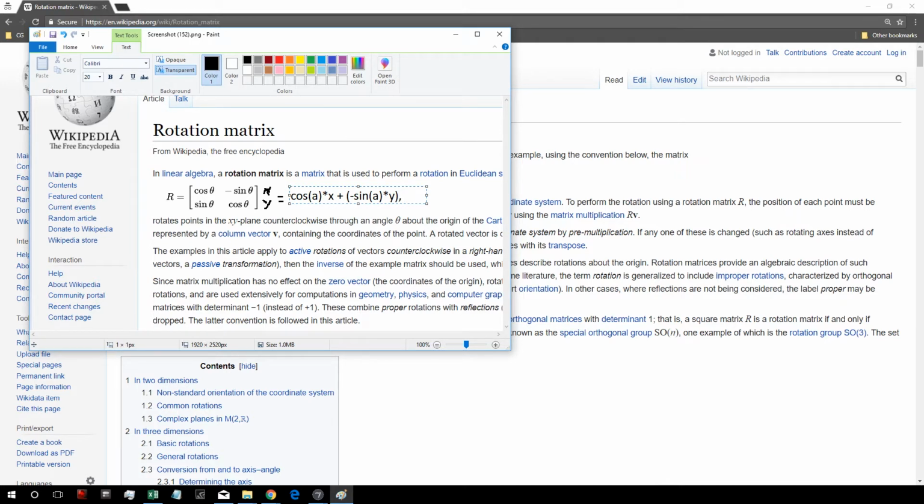And then our new y will be basically sine of A multiplied by x plus the cosine of A multiplied by y. So this is what we need to achieve in order to rotate a point in a two-dimensional space.